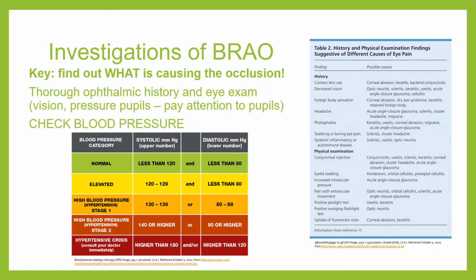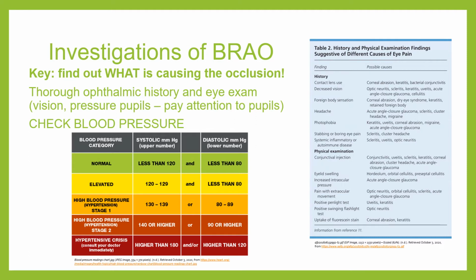To further investigate the BRAO, it will be important to take a thorough history to find the underlying cause behind this disease. For vitals, it's very important to check the blood pressure. Also check the vision, pressure, and pupils, with special attention to pupillary reflexes to light.